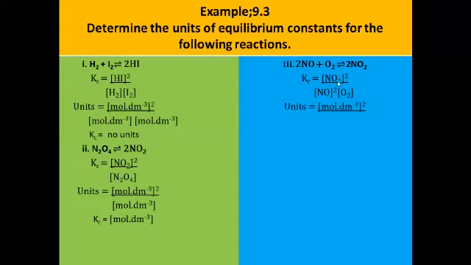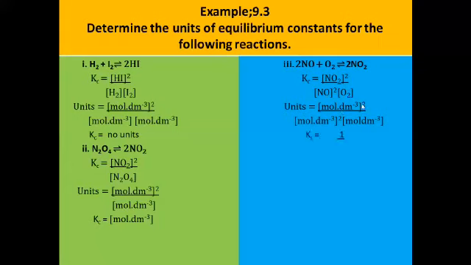The unit for nitrogen dioxide is mole per decimeter cube with power 2, and mole per decimeter cube for nitric oxide with power 2, and mole per decimeter cube with no power for oxygen. So this 2 will cancel out with this 2. Still 1 over mole per decimeter cube is left.